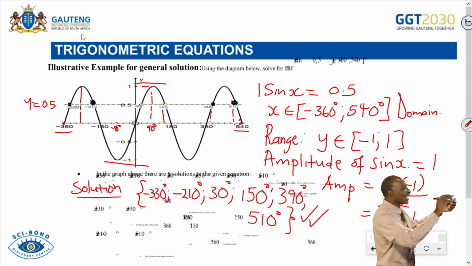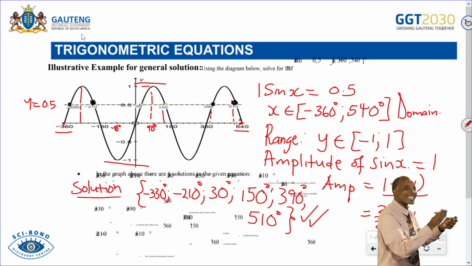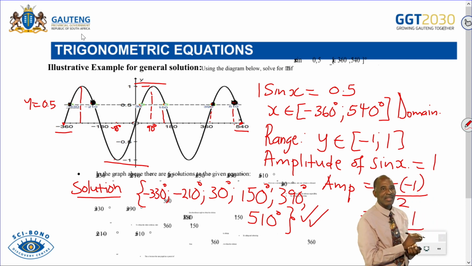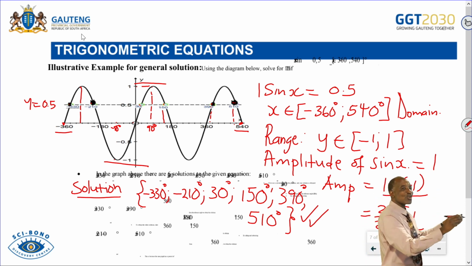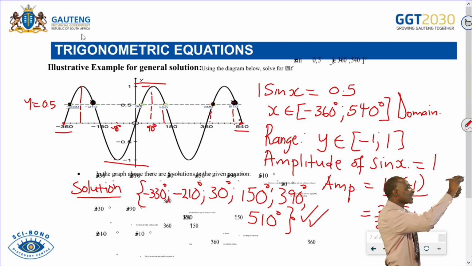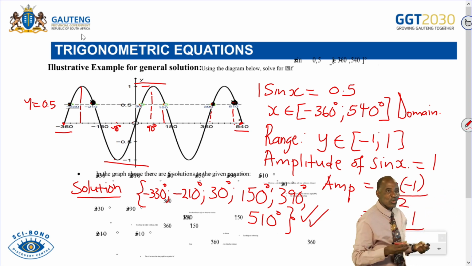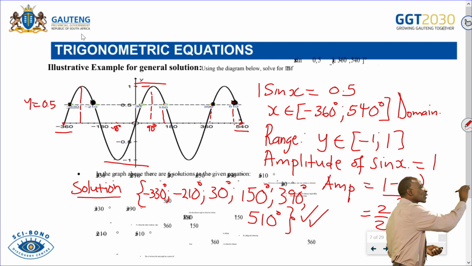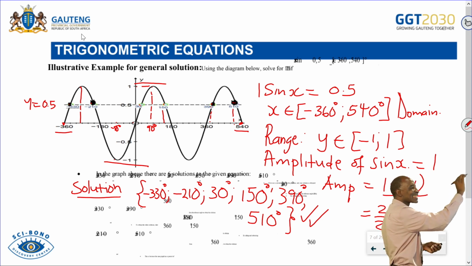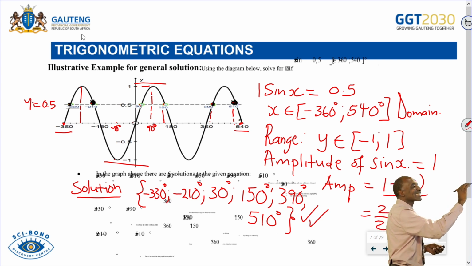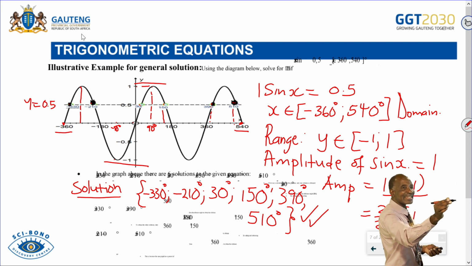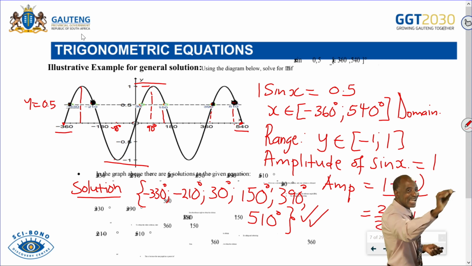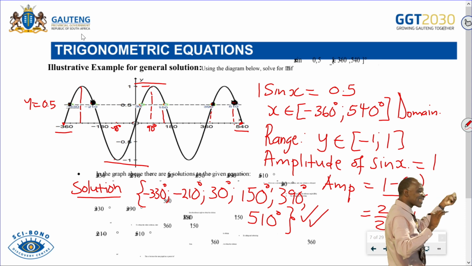So what we are looking at is called a specific solution. But this specific solution can also be interpreted as a general solution. Why do we call a solution to this a general solution? Because this graph does not stop, like I indicated earlier on. It continues up to infinity, to either side.